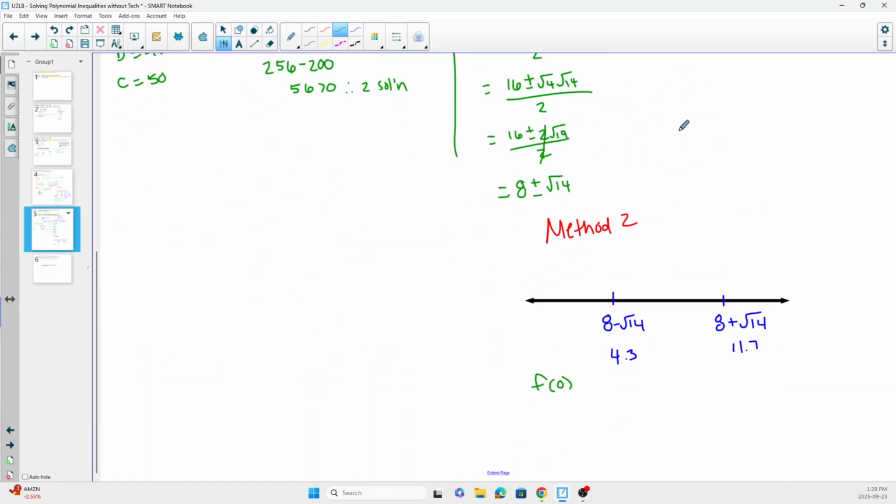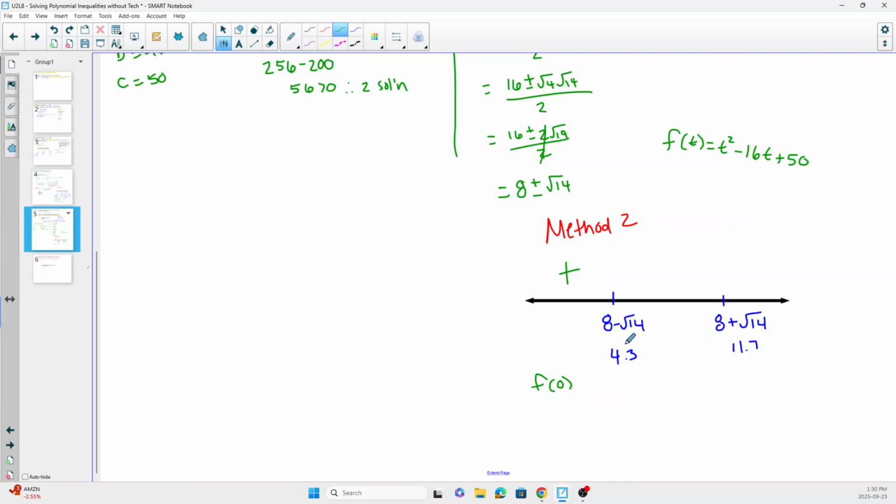Let's write it over here, just so that we can see what we're substituting into. If we sub in 0, we get positive 50, so anything less than 4 has a positive function value. Hopefully, because this is a quadratic and we have these 2 intercepts and we know this is positive, we're already envisioning what this graph would look like.